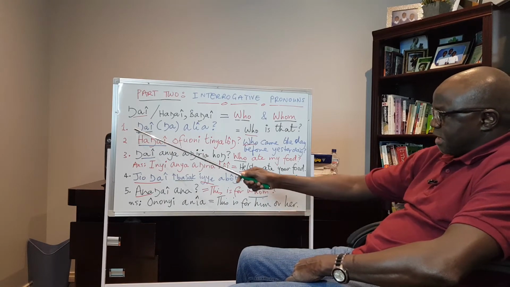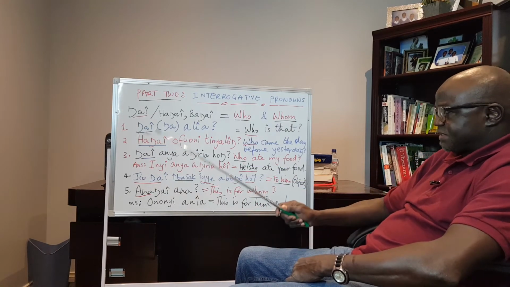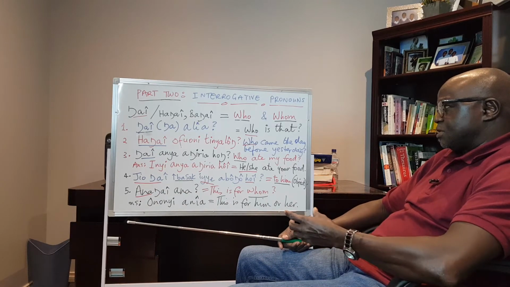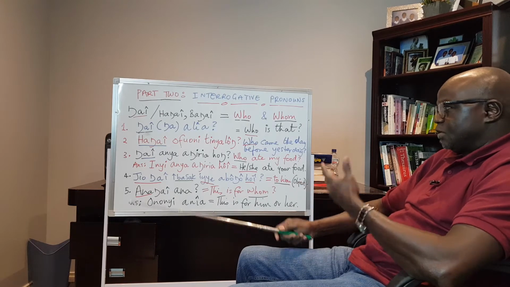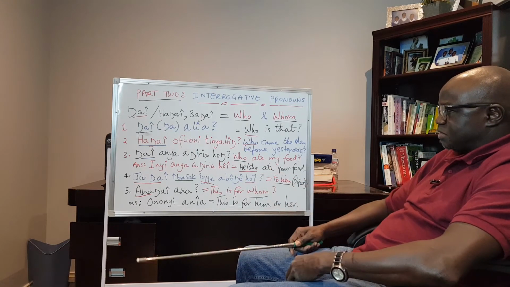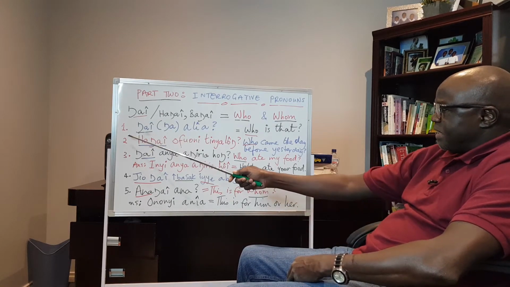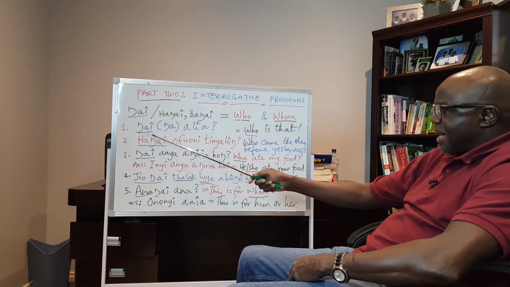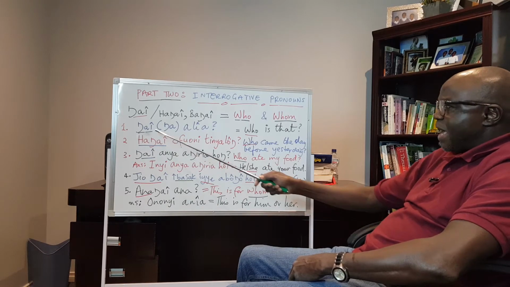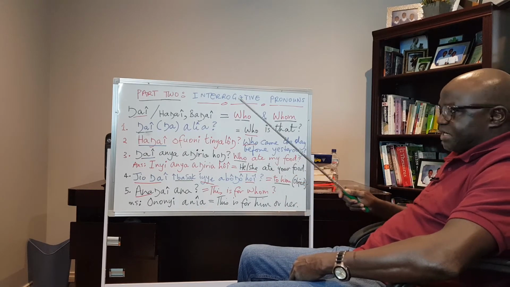Now I've got number 1 up to 5 here. These are examples of the questions which I selected, to demonstrate how we can use these Otuho words to ask questions. In number 1 here, Haŋaî alîa. Haŋaî alîa means who is that?